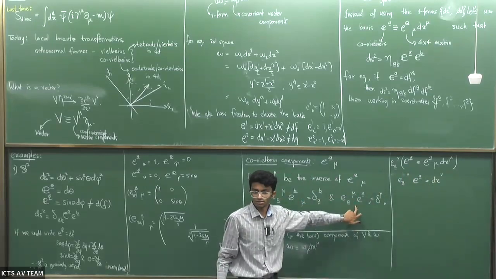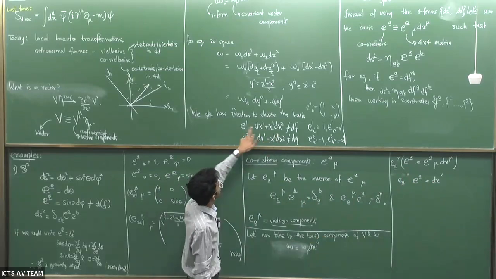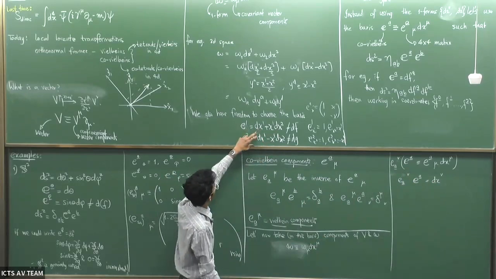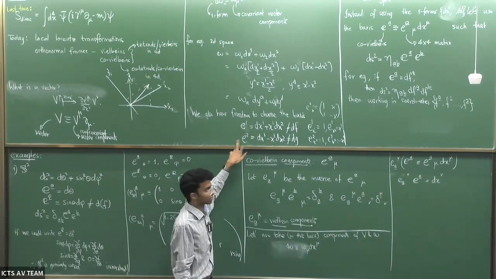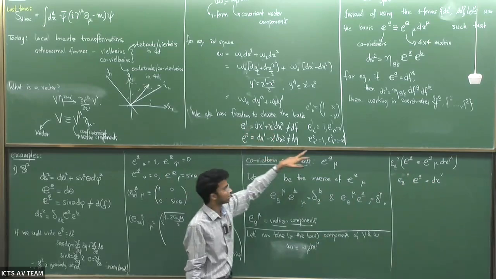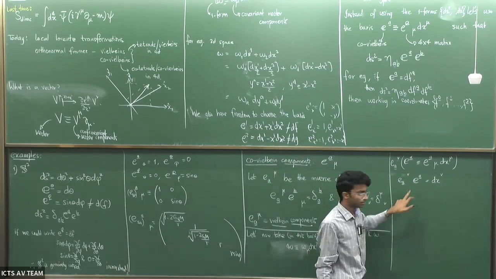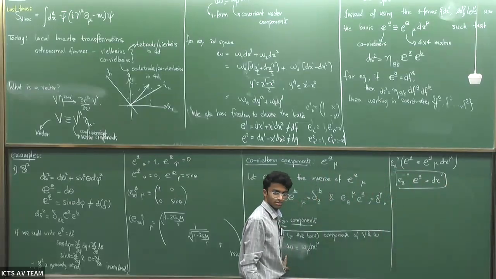Here I went from dx1, dx2 to e1, e2, but I can also write dx1, dx2 as a linear combination of e1 and e2. That's just the inverse of this matrix.